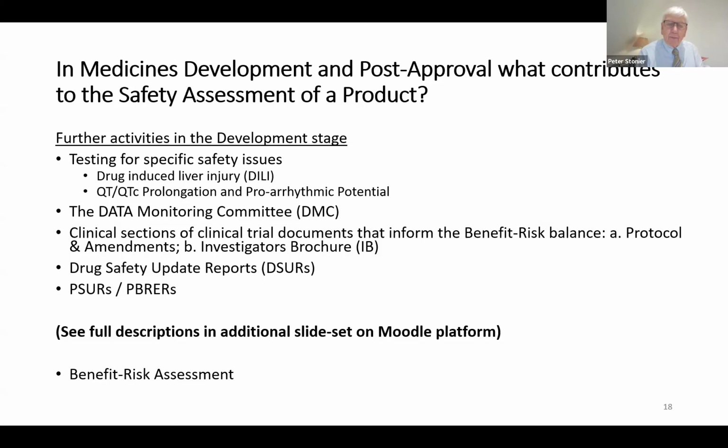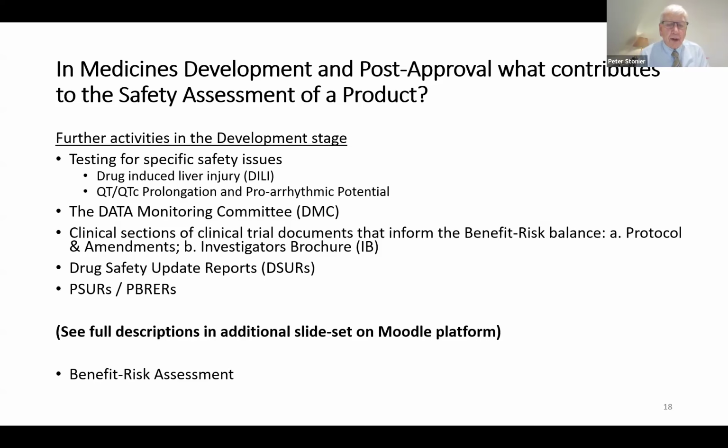Not all clinical trials, but the more important pivotal clinical studies have data monitoring committees allied to them, who make decisions on the emerging safety data and whether and how that impacts the future of the clinical trial: whether it's continued, whether it's halted temporarily, for example, or whether it's terminated. So there's a lot of important points to make about data monitoring committees, which you can learn about by looking at the slides on the Moodle platform.